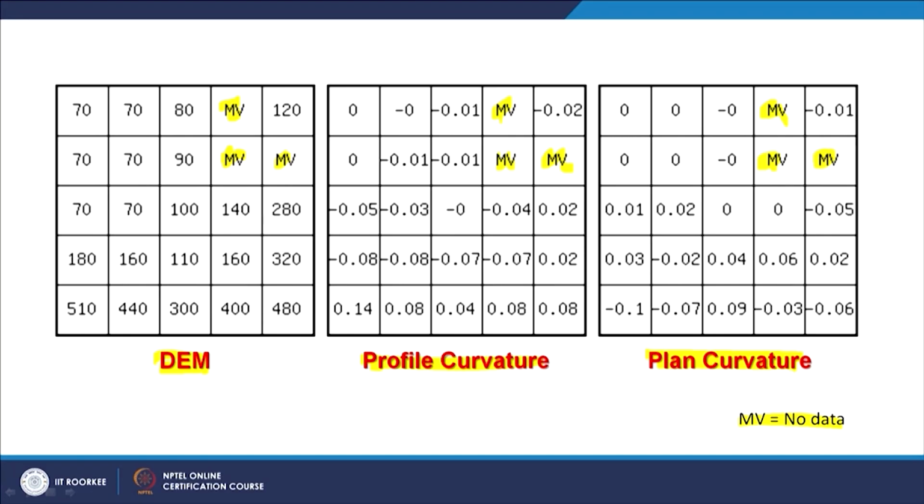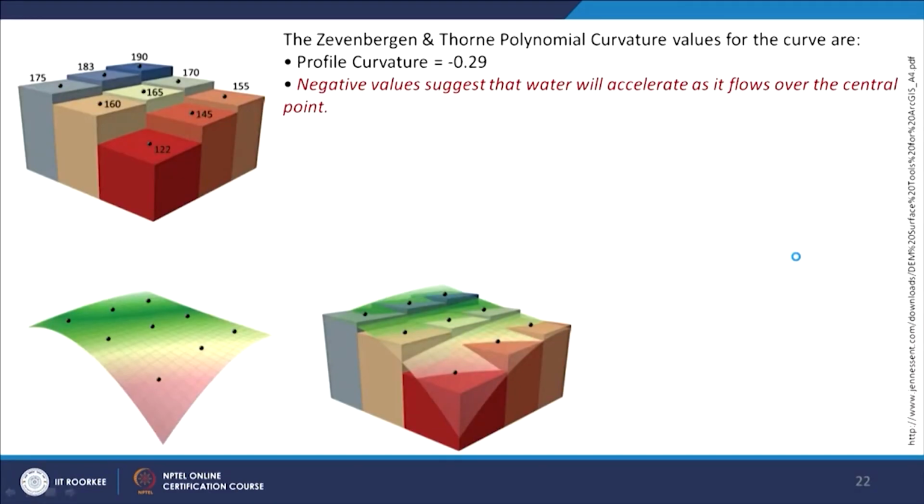So, based on that, if I consider say this cell which is 70, here in the profile curvature the value is minus 0.01, and whereas it is 0. If I consider 160, this is minus 0.07, and whereas this is positive value 0.06. So, obviously, the profile and plan curvature for the same area is going to be different, though the DEM may be the same input.